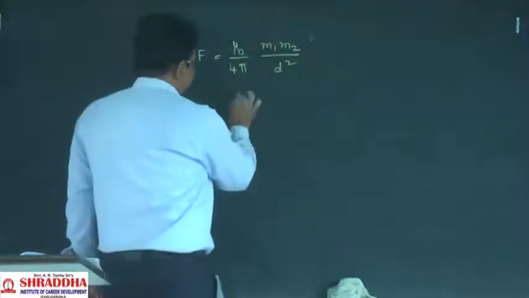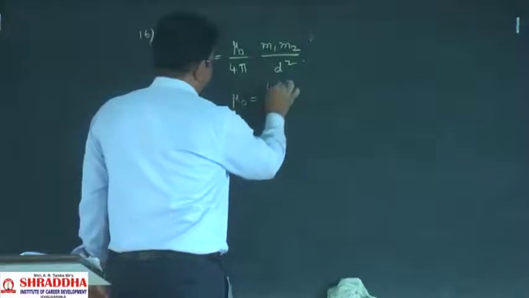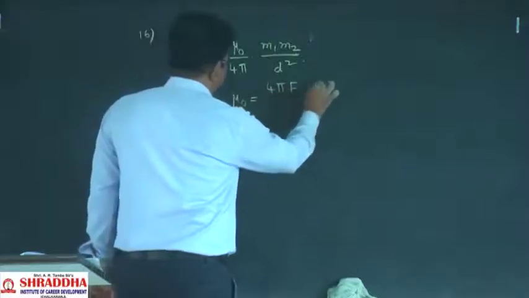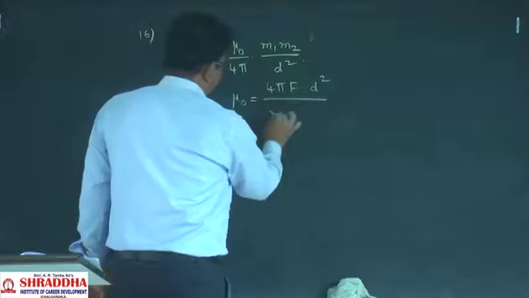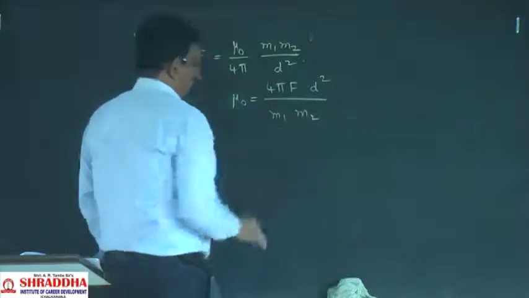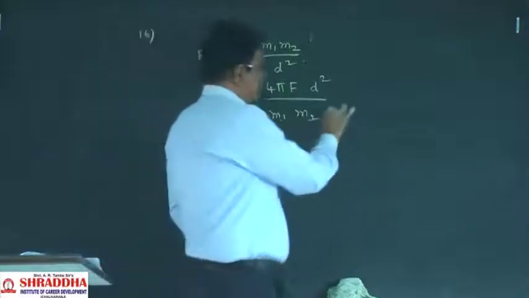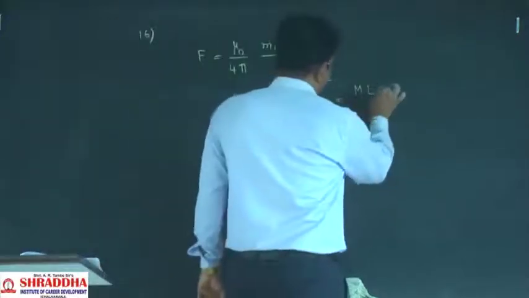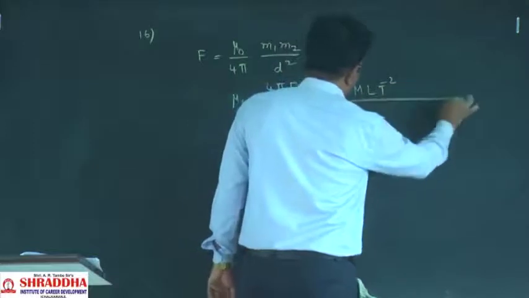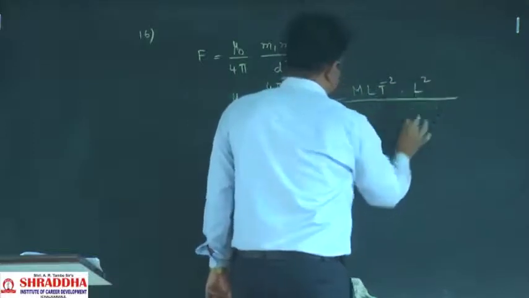Mu naught is equal to 4 pi f d square by m1 m2. 4 pi constant. F is M L T power minus 2. D will be L square.